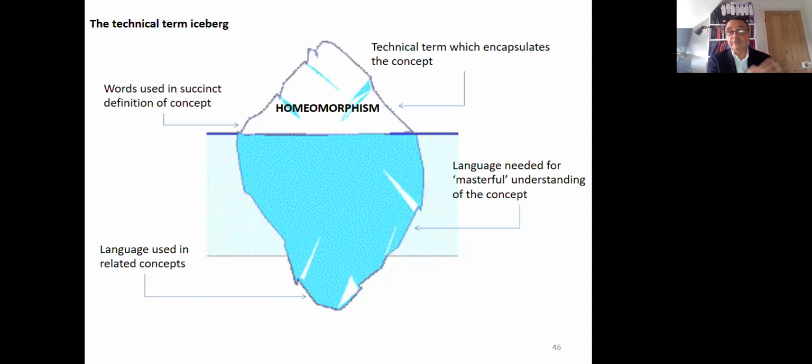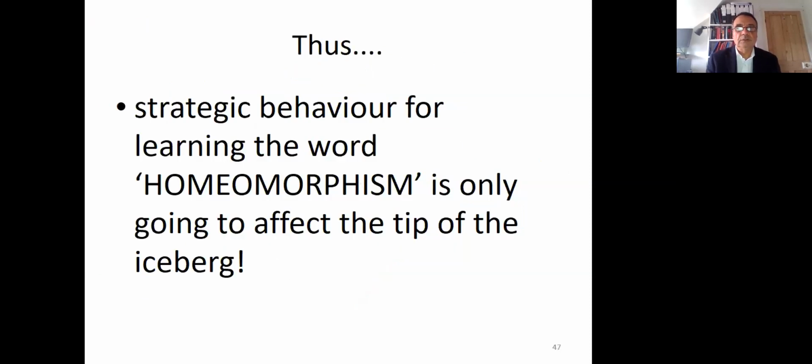Because in previous strategy research, when it was language research, we didn't have that. Students weren't saying, I have trouble understanding technical language. Thus, strategic behaviour for learning the word homeomorphism is only going to affect the tip of the iceberg. It's not that they're going to find it difficult to learn the word homeomorphism. You can probably learn that word in about 5 minutes. It's the underlying concepts.